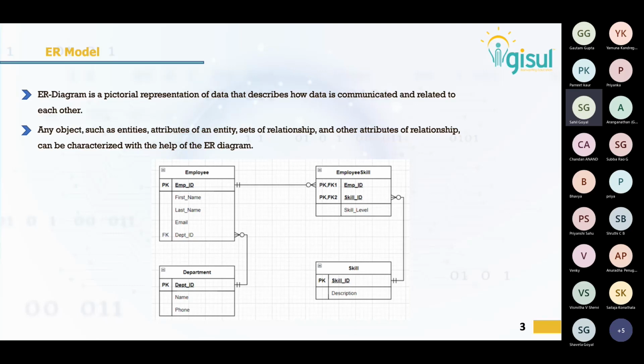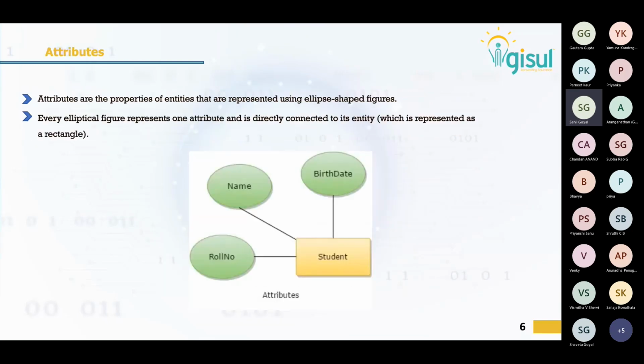Similarly, a department is going to be represented with the department name, phone number, description, etc. So each entity is going to have certain attributes. Here in this case, we are seeing that student as an entity has 3 attributes. And in the ER diagram, we represent the attributes with this ellipse-shaped figure. So if you ever have to develop an ER model, you first need to describe your entities.